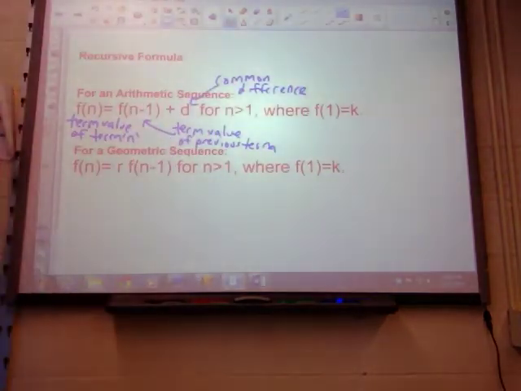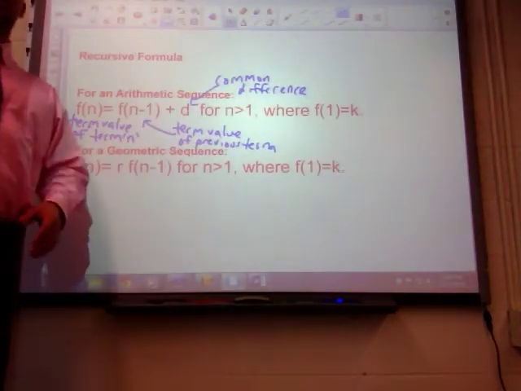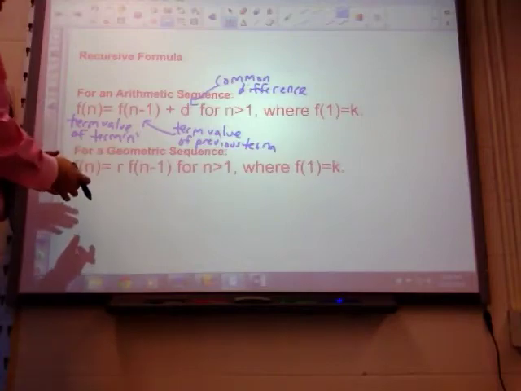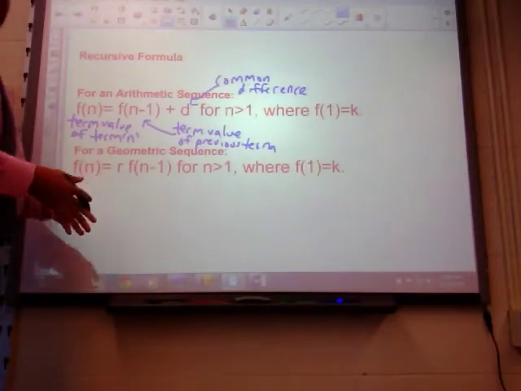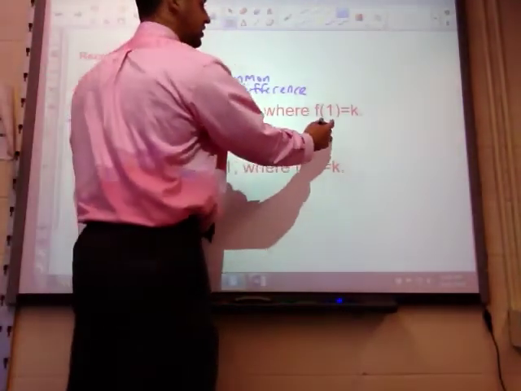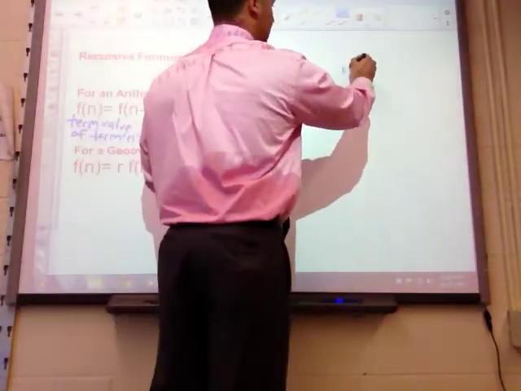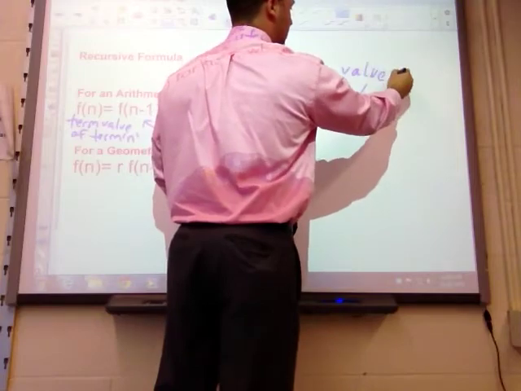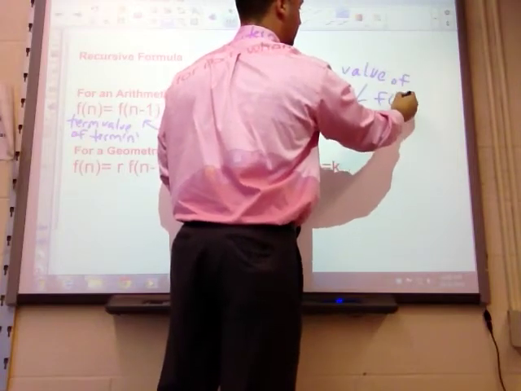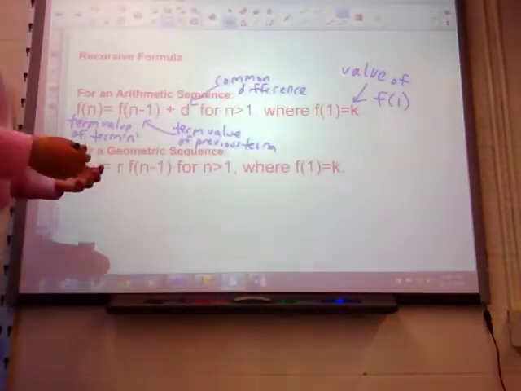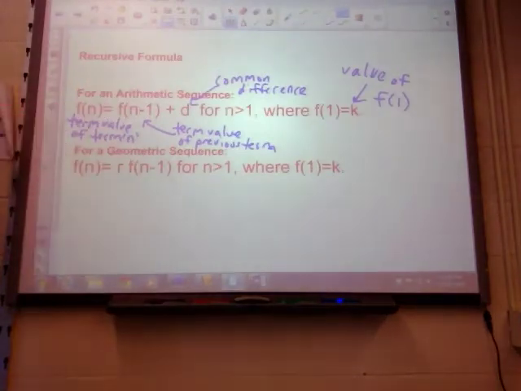And this is saying that n has to be greater than 1, so you can't have a previous term unless you've had a term before it. And when saying f of 1 equals k, it's just whatever value f of 1 is equal to. So when we actually apply this, you'll be given a k there.